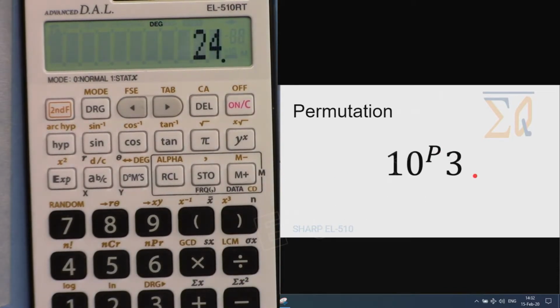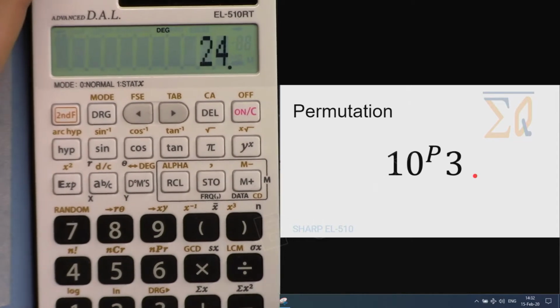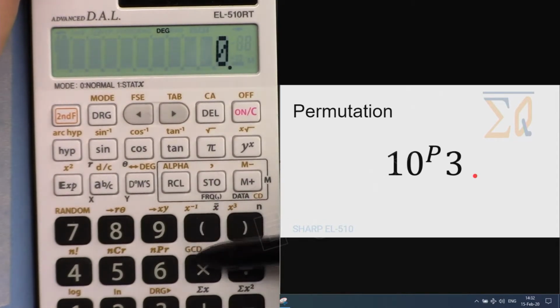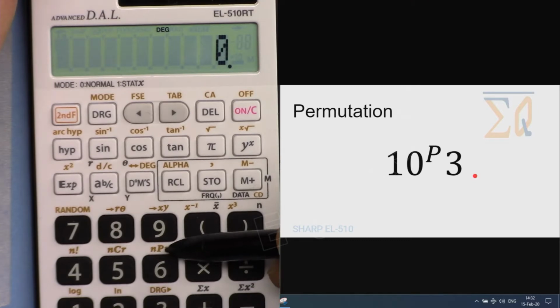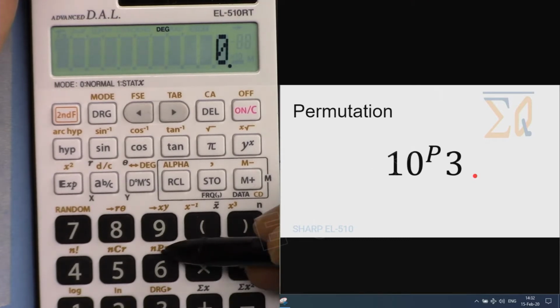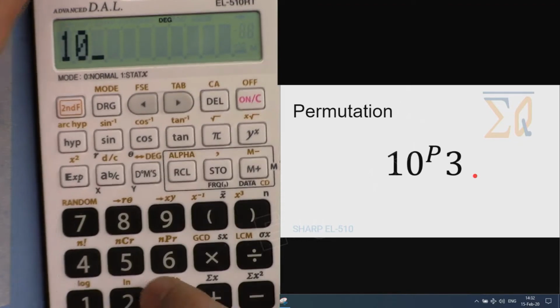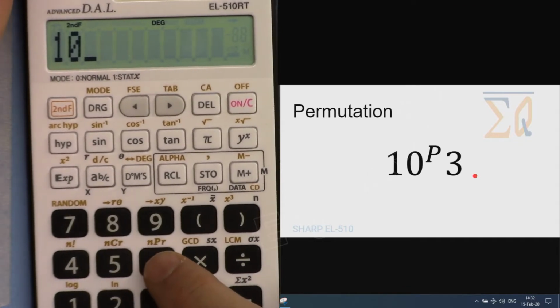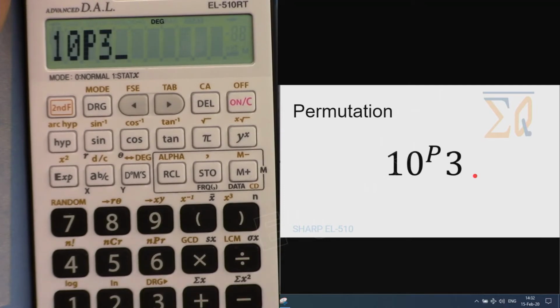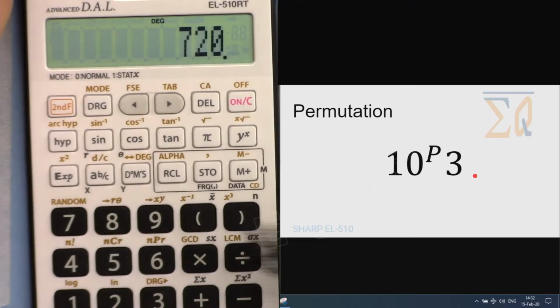10 picked 3, or 10P3. For that we use this nPr here, which means a value and then P and then r. So you enter 10 plus second function and then this 6, and that 3, so it will give you the value.